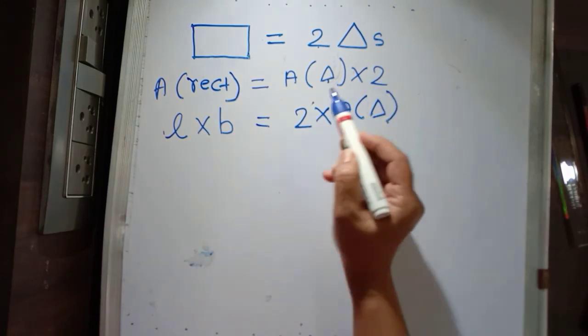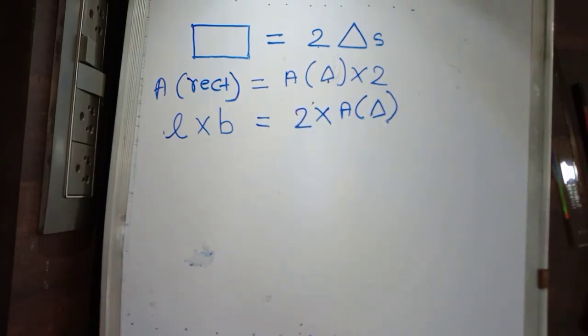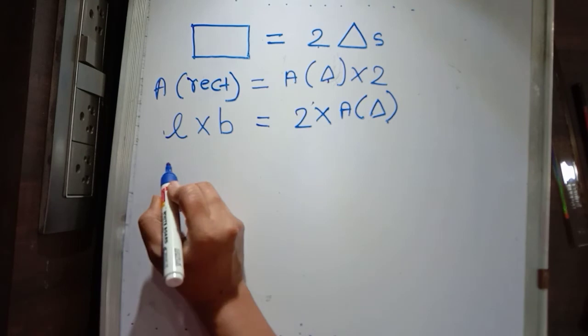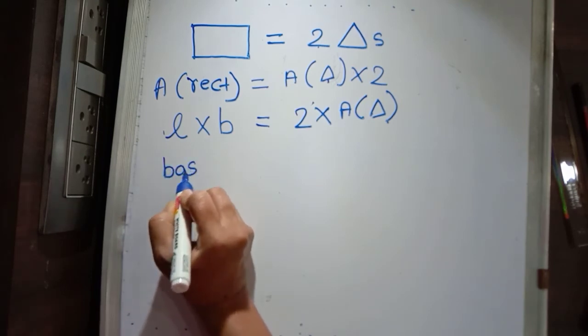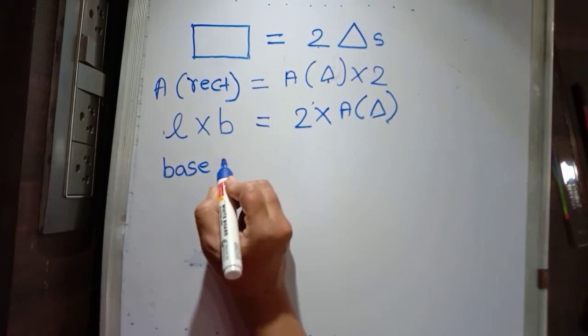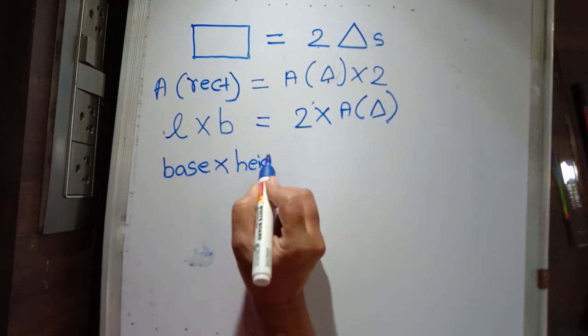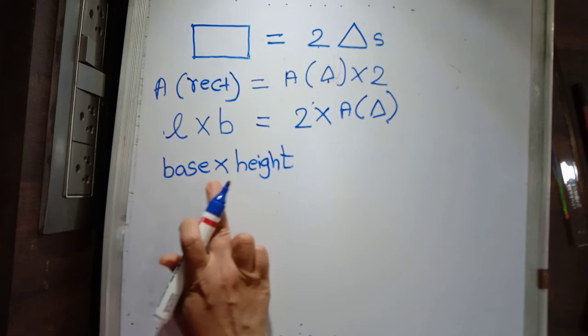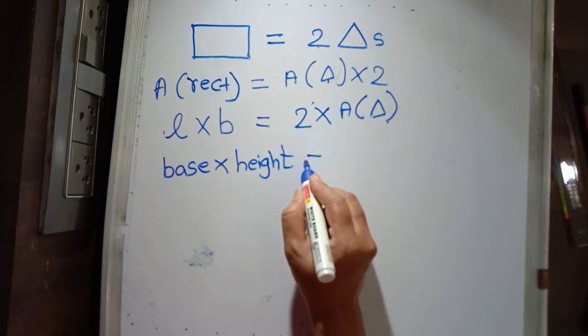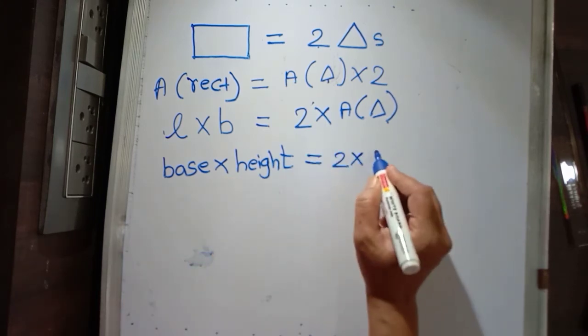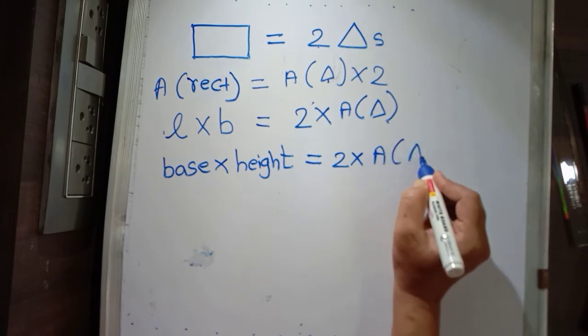Okay, only I am taking the 2 this side, shifting the numbers a little bit. Now length is nothing but base, which we have just seen, and breadth of a rectangle is nothing but height. So base into height is equal to 2 into area of triangle.